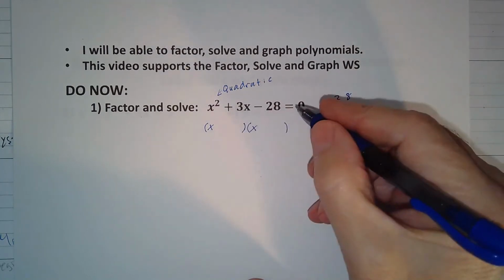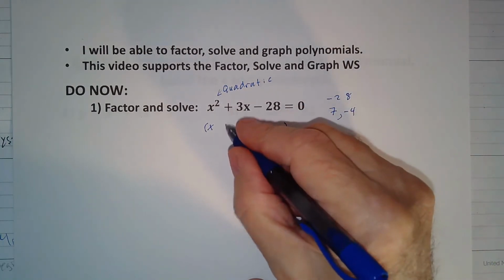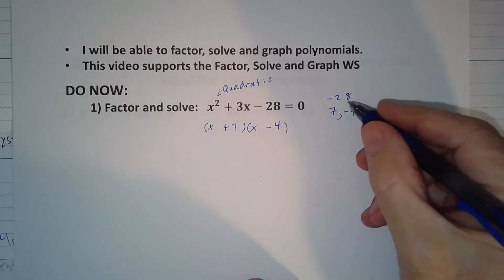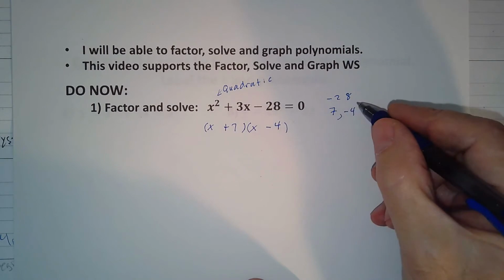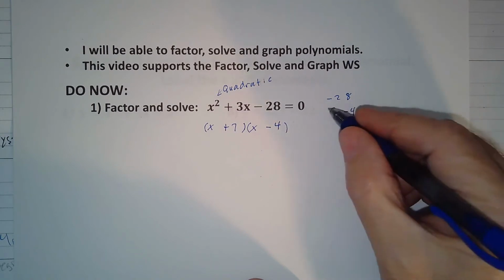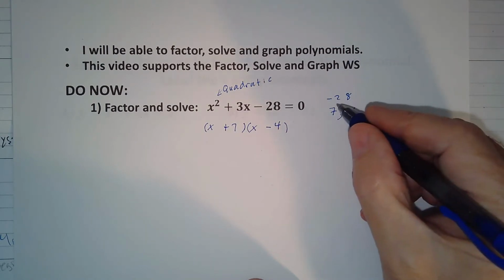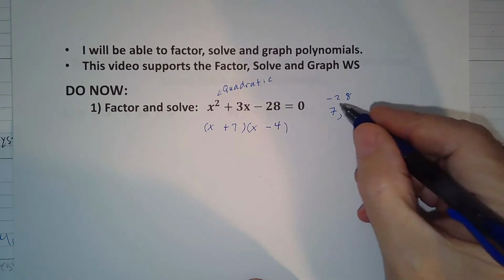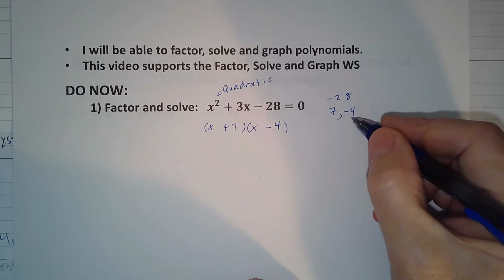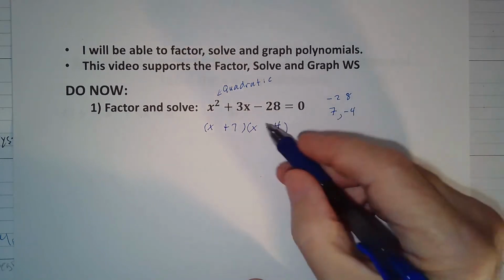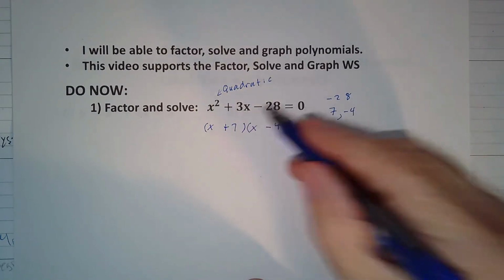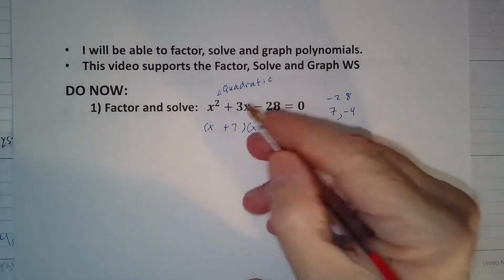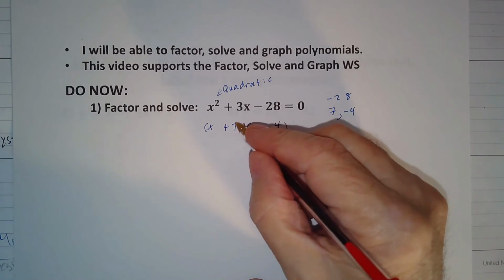Okay? So that's actually pretty easy to see. Plus 7 minus 4. Again, if you aren't sure about these, start out with negative 1 or positive 1 times negative 28, or negative 1 times positive 28. Negative 2 times positive 14, positive 2 times negative 14, and keep looking for factors that when added together will equal 3.